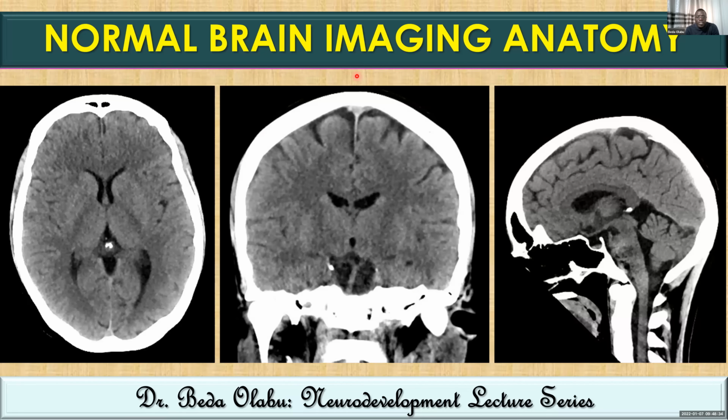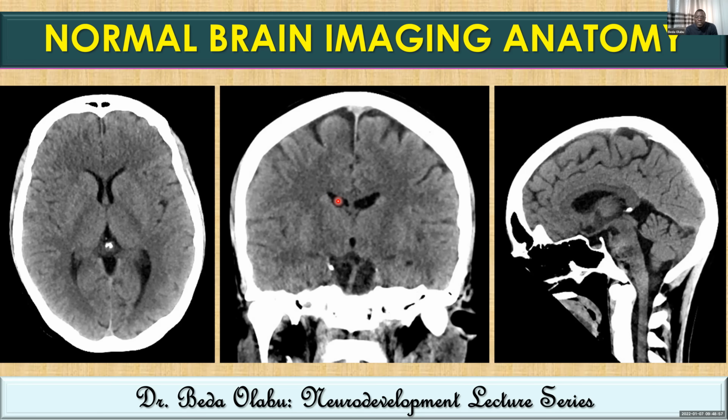How about these ones? The unique thing we are seeing, we can't really differentiate gray and white matter nicely. But yeah, we can still pick it. The white matter is darker, the gray matter is lighter. And importantly, also the fluid spaces are dark.